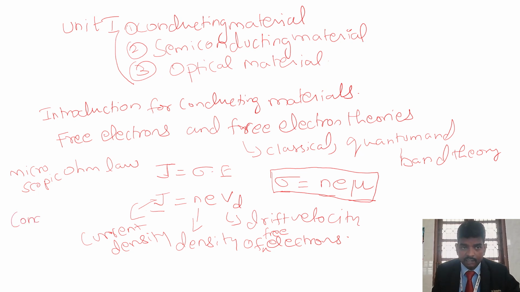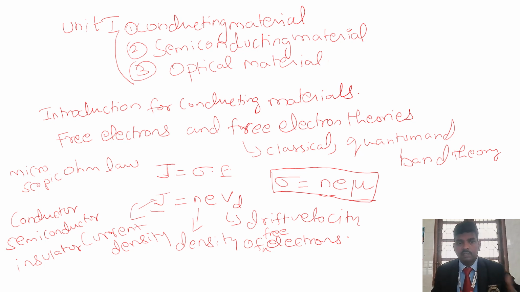Because here we have conductor, semiconductor, and insulator. When you talk about conducting materials, we need to understand the distinction between conductor, semiconductor, and insulator. Related to these, how it changes can be asked.